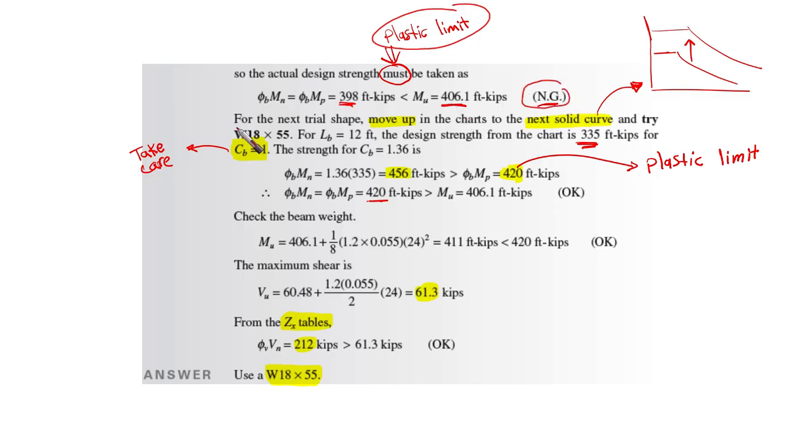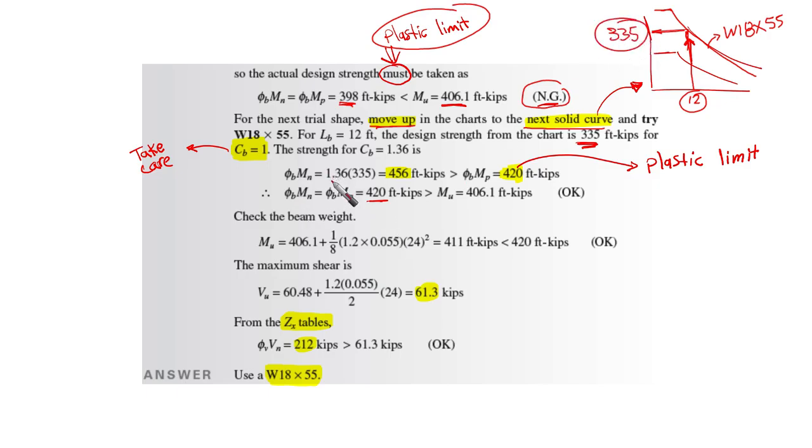Then we try the next shape, moving up to the next solid curve, W18 by 55. For the same Lb of 12, the design strength from the chart is 335.